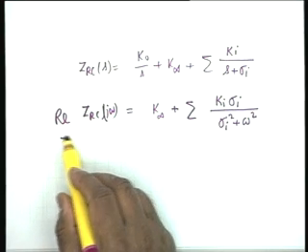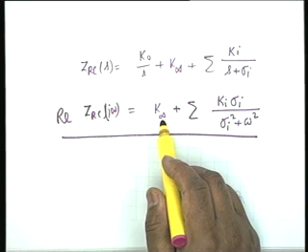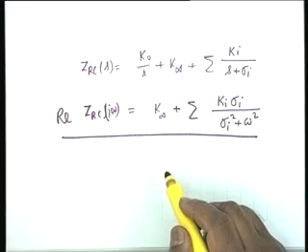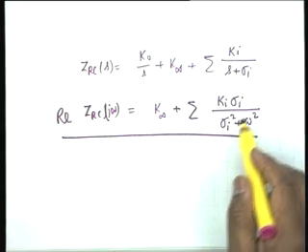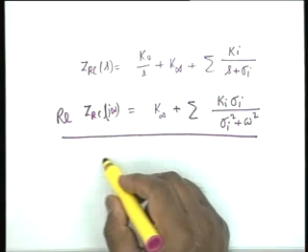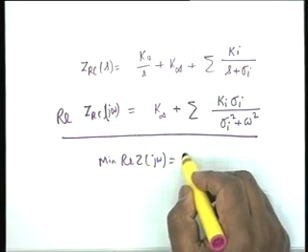What is the minimum value of this expression? Obviously k infinity, which occurs at omega equal to infinity. As omega increases, this term monotonically decreases to 0 at infinity, and therefore the minimum value of the real part of z of j omega is equal to k infinity.